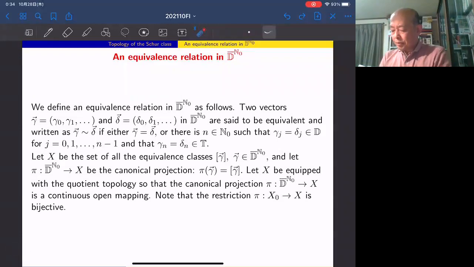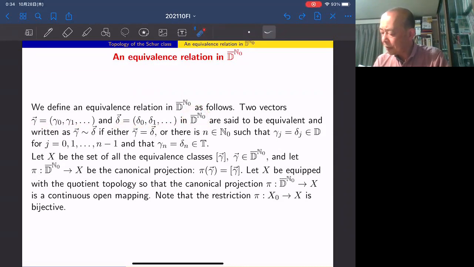Okay, so let us first introduce some sort of equivalence relation as follows. Let us consider two vectors, gamma and delta, contained in this set.